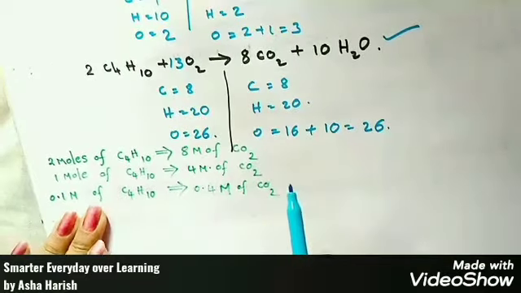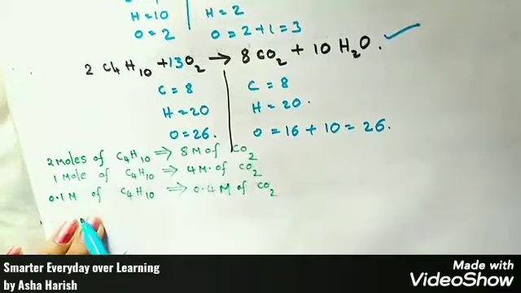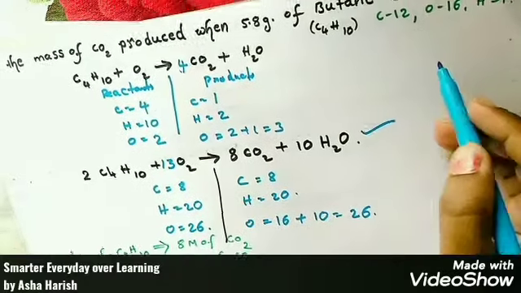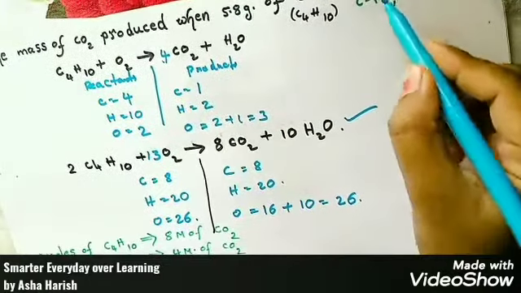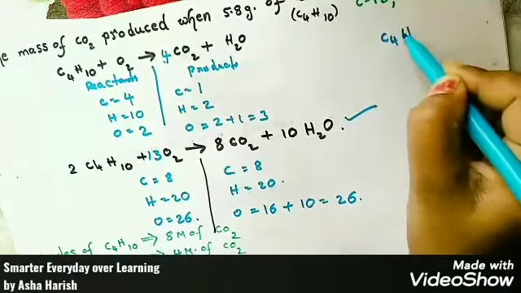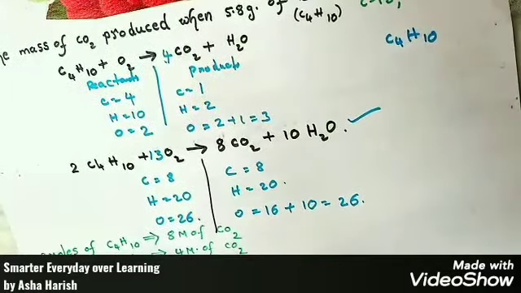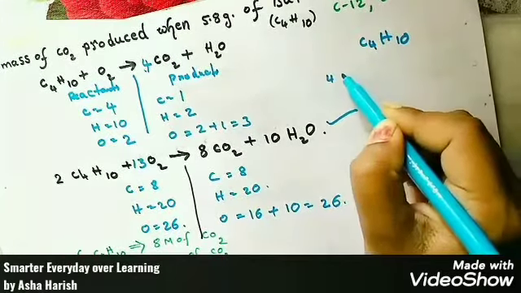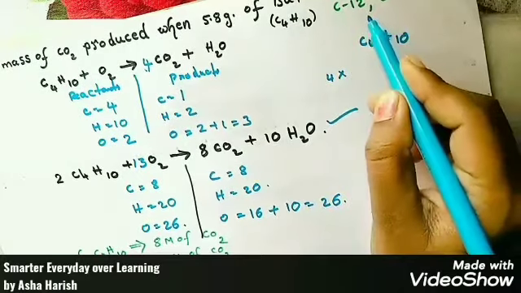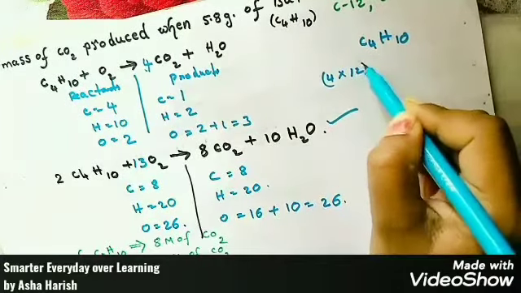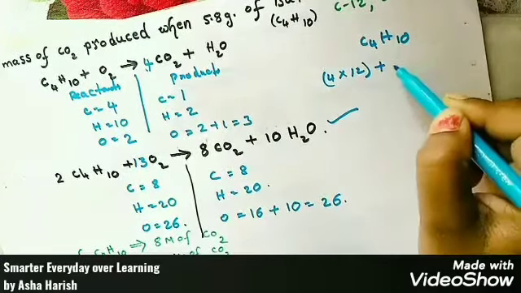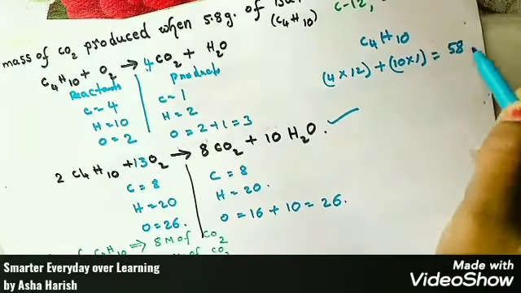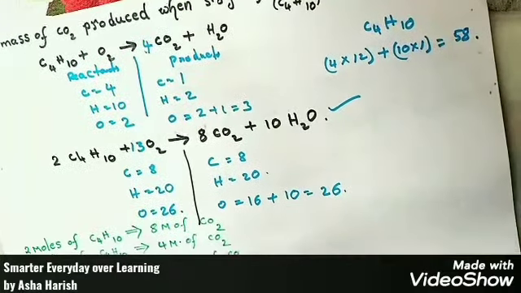And 0.1 mole. From where are we getting this 0.1? Let's start. For butane, C4H10, we have to calculate the molecular mass. See students, carbons: 4 into 12, plus hydrogen: 10 into 1. So that 58 you should get as an answer.